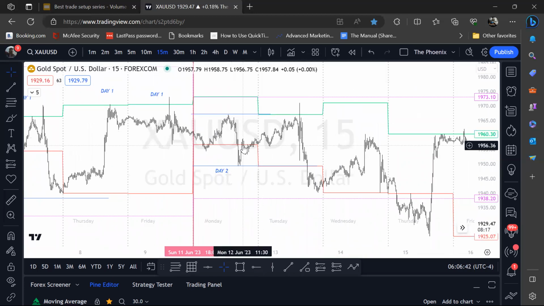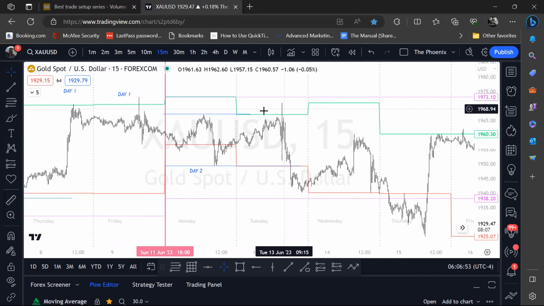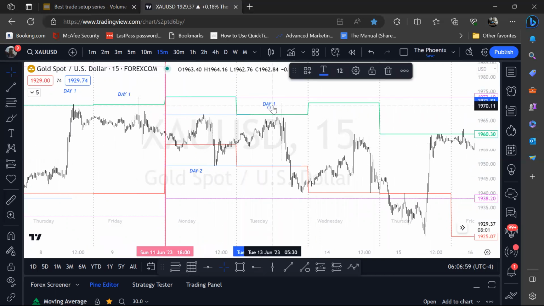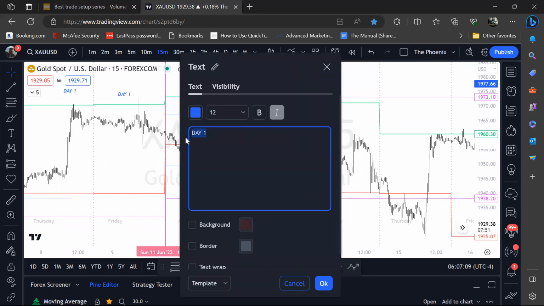We get that continuation trade, and then we get this basically creepy trend back into the high of the next day, which is now going to be day three as well as day one. Let us get that right. It is day one and it is also day three, because it is day three coming out of this count, but then we have a breach of the new week's high, which makes it day one.